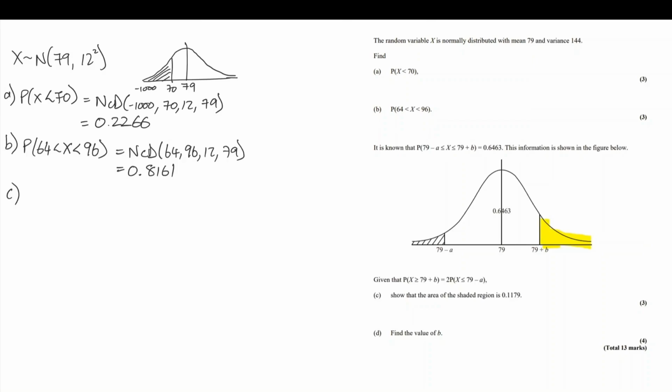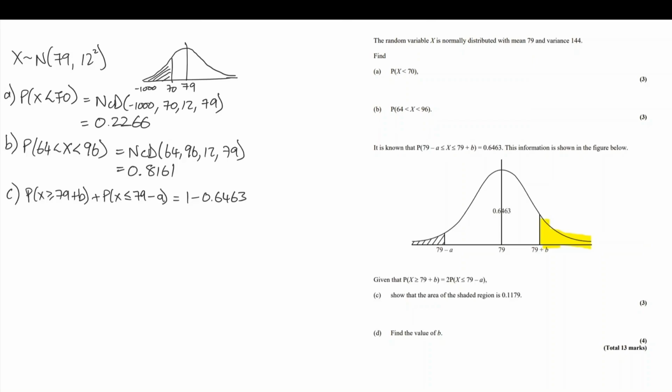Okay, what can we do with this? Here I'm generating a statement where the highlighted area plus the shaded area should equal 1 minus the 0.6463, 1 minus the unshaded area, the white area. Okay, that makes sense. All three of those regions would add up to 1, and we've just done some rearranging.